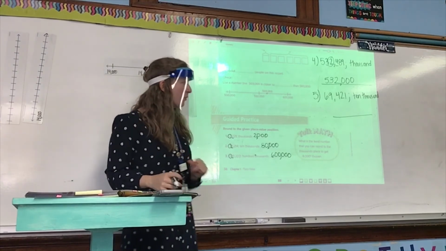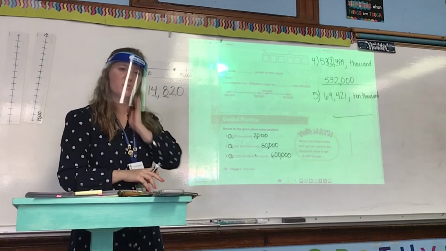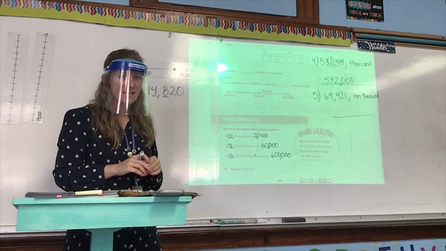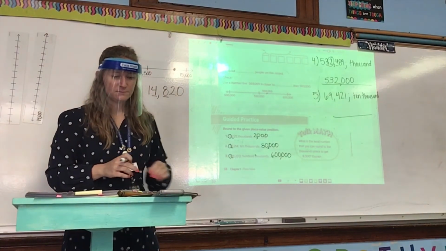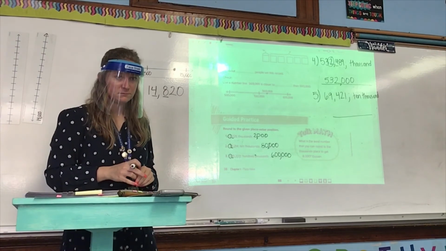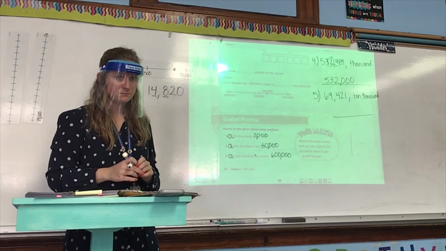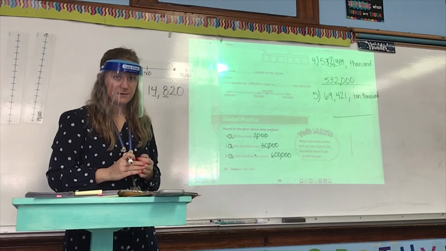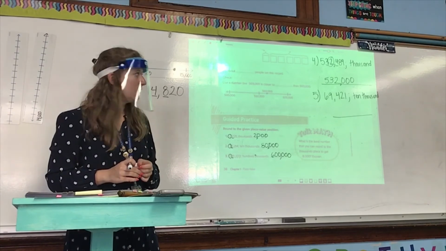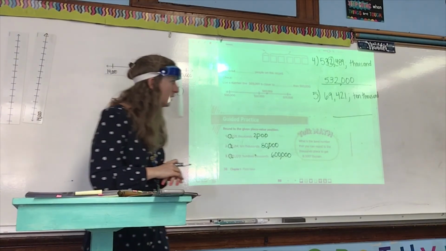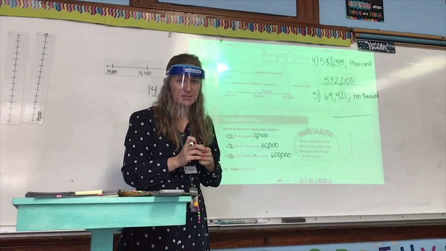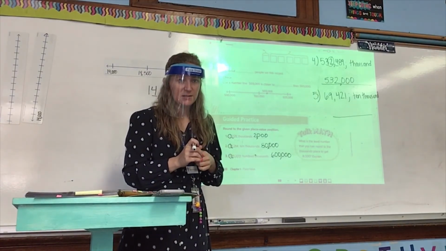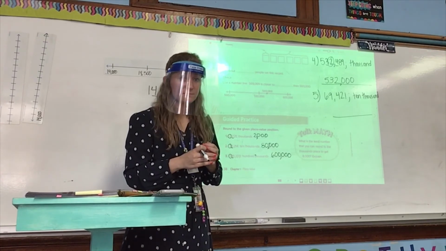What's step 1? We're rounding 69,421 to the nearest 10,000. What's step 1, Smith? Read it. Circle the digit in the place to be rounded. So we're rounding to the nearest 10,000, which means what digit do we circle? 6.